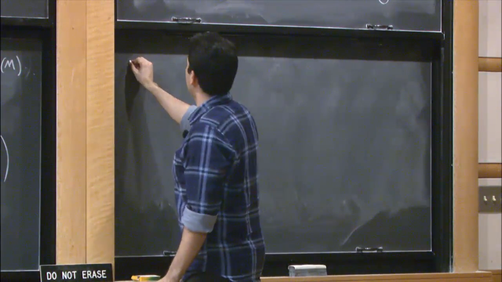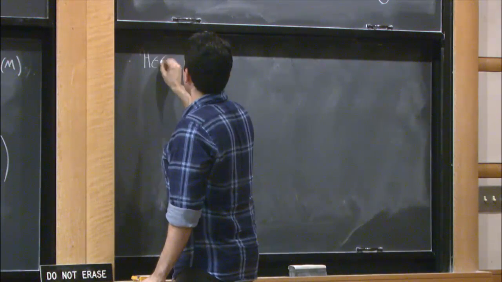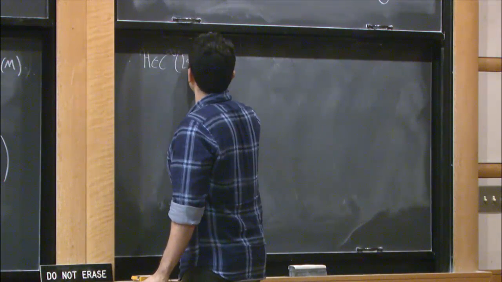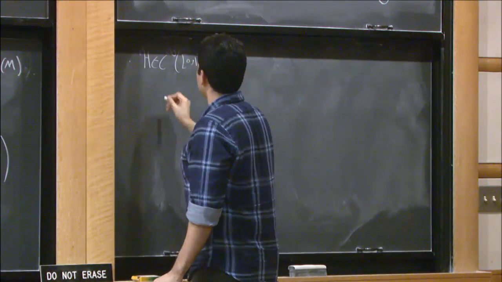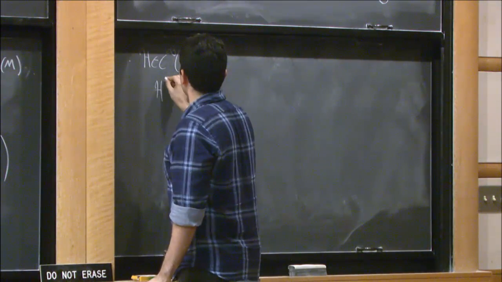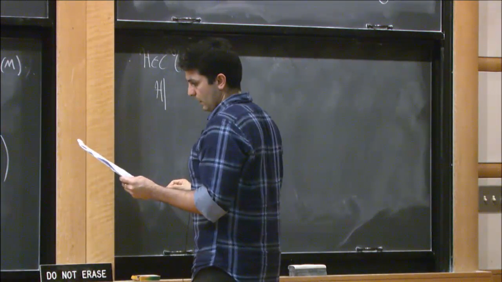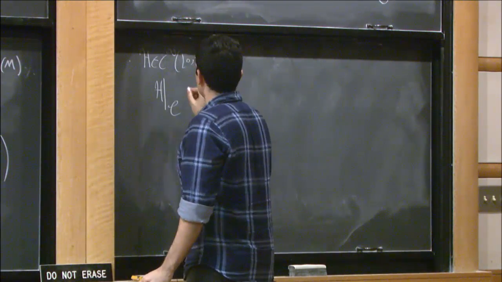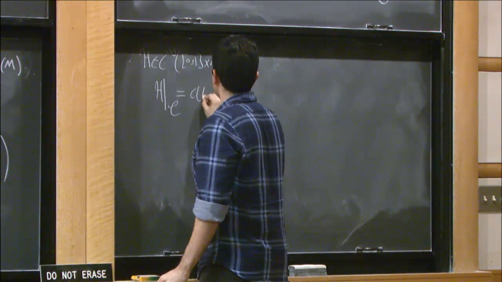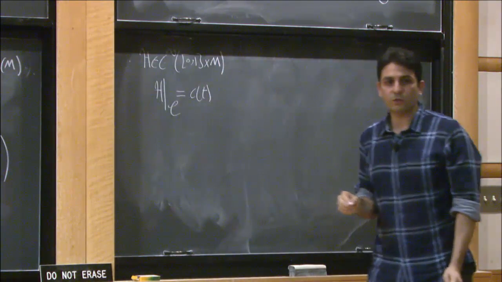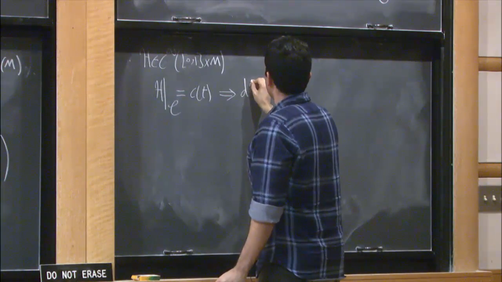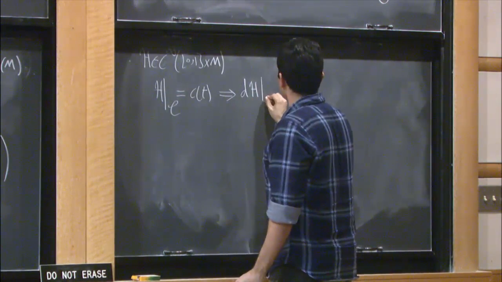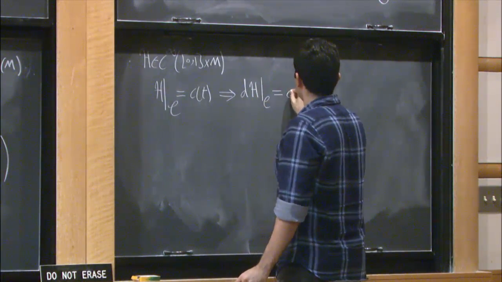Now, suppose you have a smooth Hamiltonian on your symplectic manifold which is constant on some coisotropic. So H restricted to our coisotropic is constant. But by constant, again, I mean a function that just depends on time. Then note that the differential of H restricted to the coisotropic will be 0.